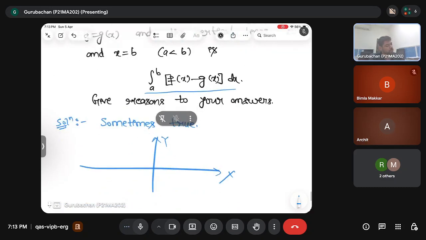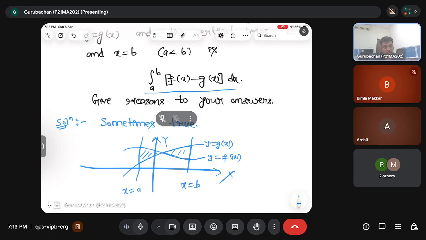Okay, so suppose this is your f(x), and this is y equal to g(x). This is x equal to a, and this is x equal to b. In this region it is correct because the upper curve is f(x) and the lower curve is g(x). But in this other region the upper and lower curves are changed.